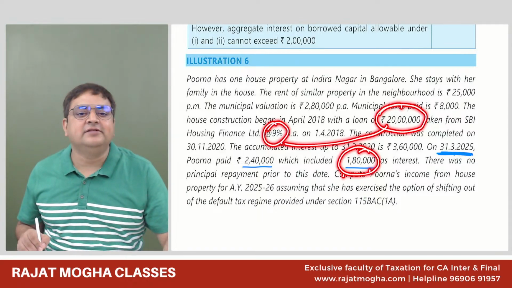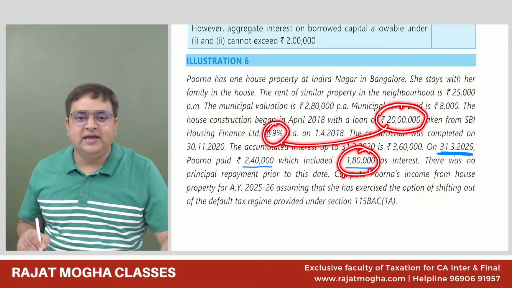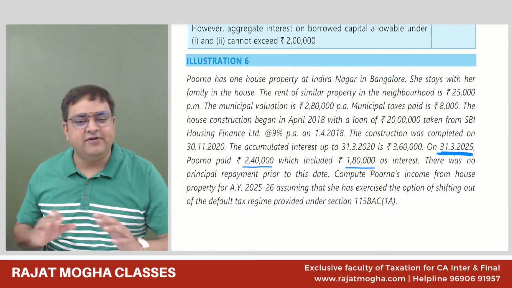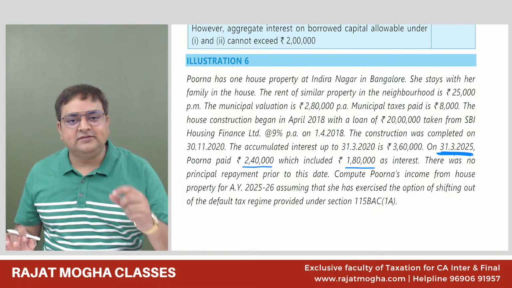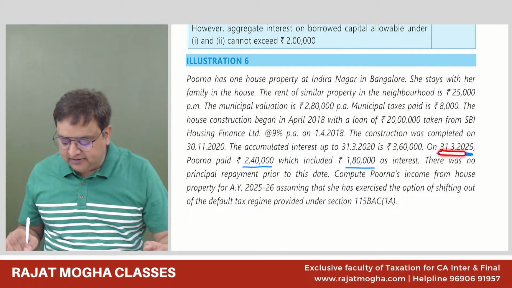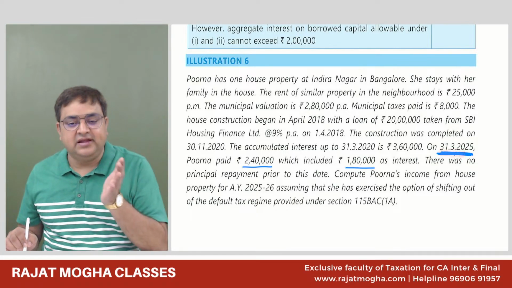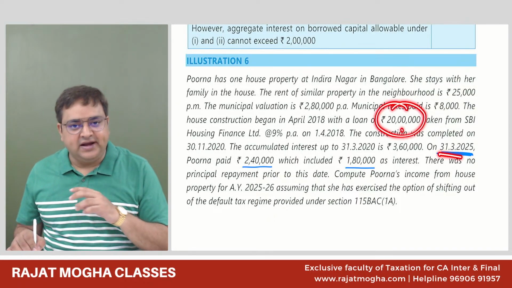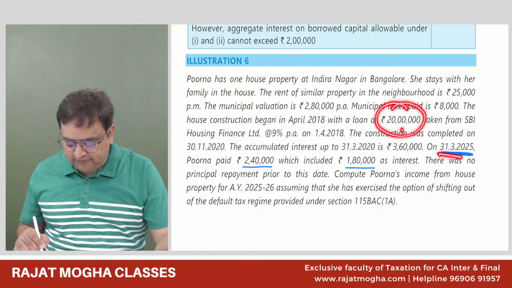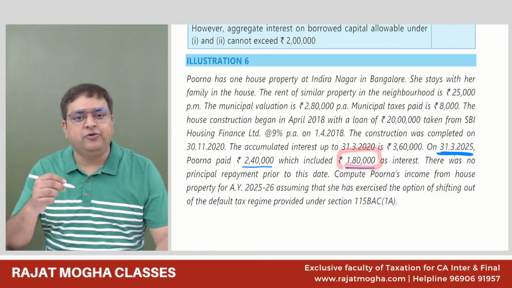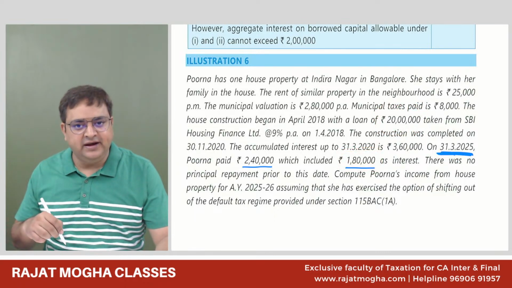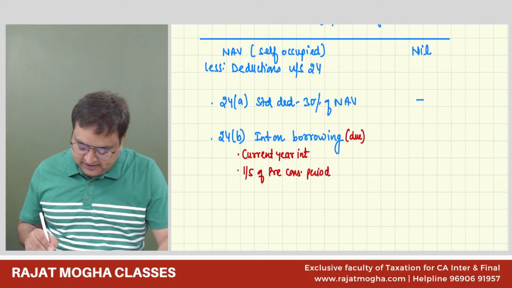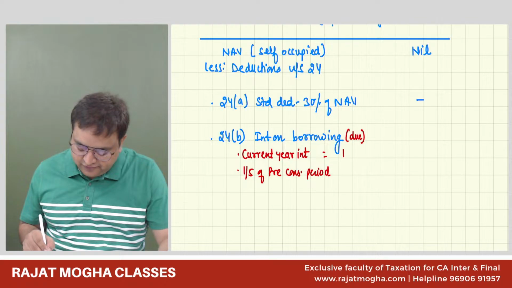I can also reconcile this figure, because they are saying that nothing was repaid before that. So up till 31st March 2025, the last day of our year, still 20 lakh was outstanding, and on 20 lakh, 9% comes to 1,80,000. So the current year interest is 1,80,000 rupees. It is given to us.